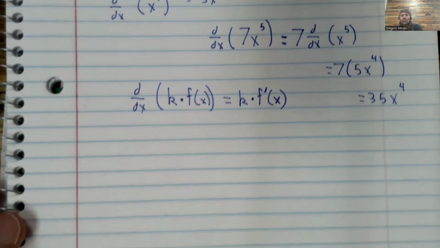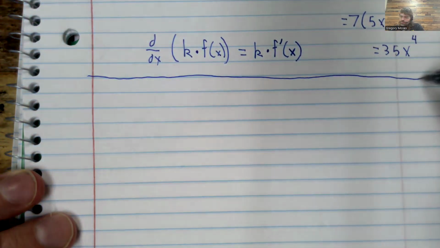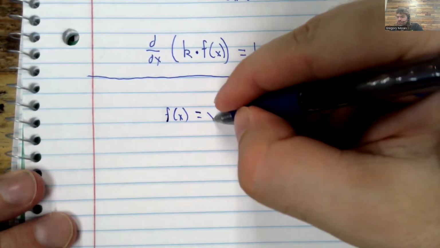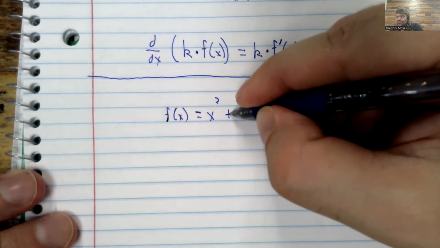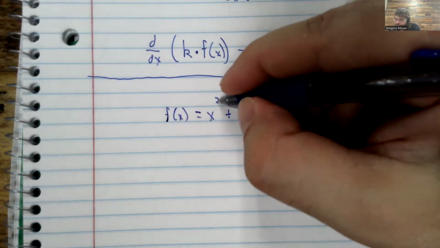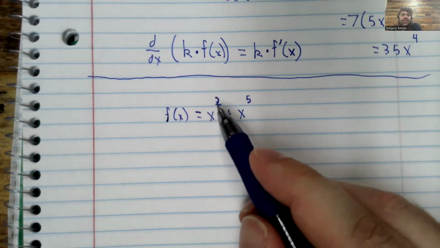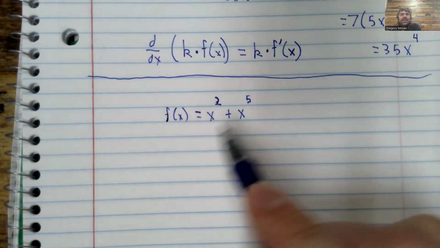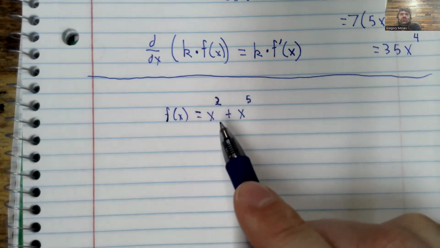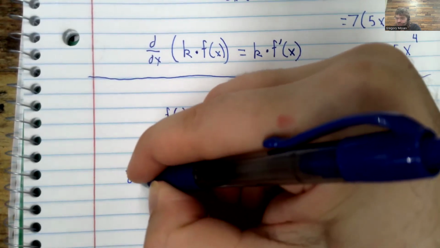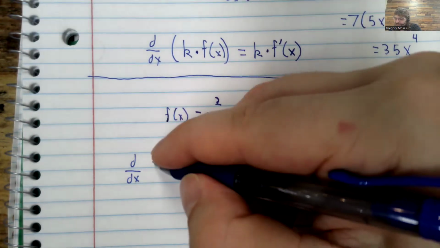All right, what about x squared plus x to the fifth? We can take the derivative of x squared. We can take the derivative of x to the fifth. Can we handle the derivative of their sum? The answer to this question is yes.